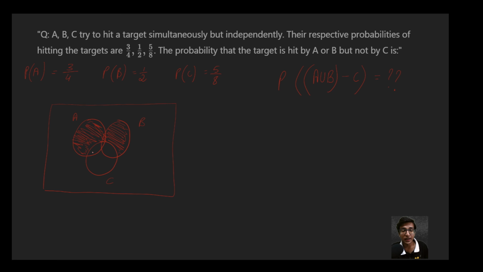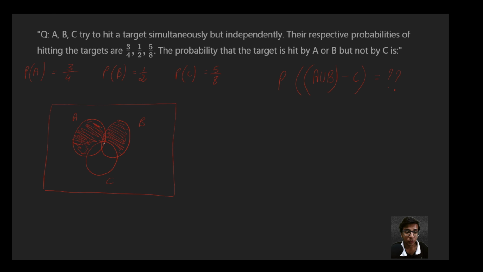That means none of the portion of C should be included, neither the one which intersects with A, nor with B, nor with all 3. So all these 3 parts need to be excluded from A union B. So that is how we write P of A union B minus C.